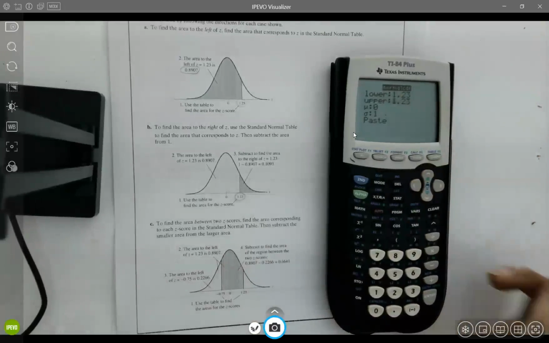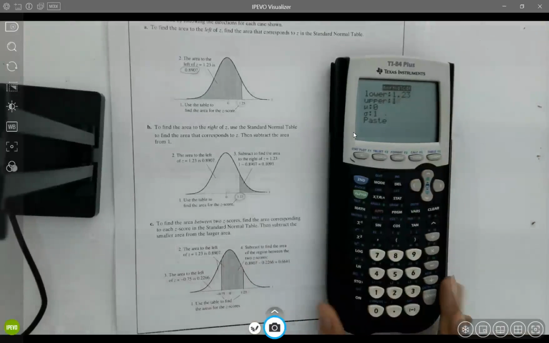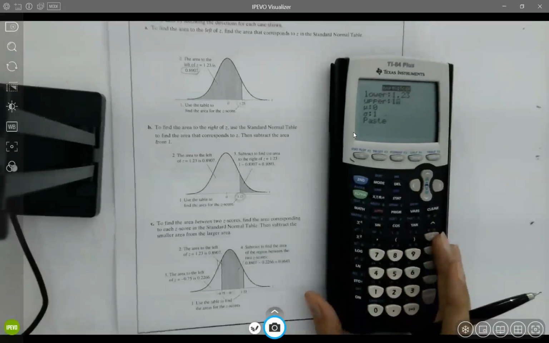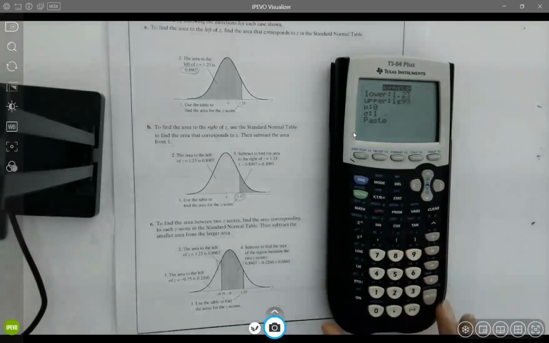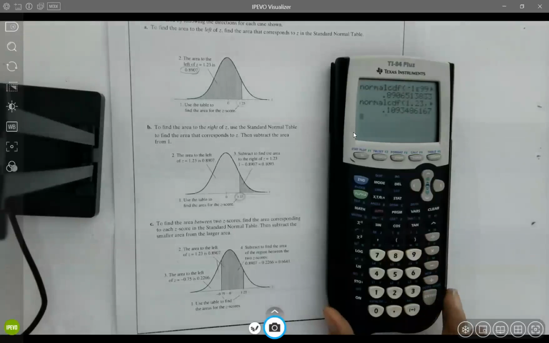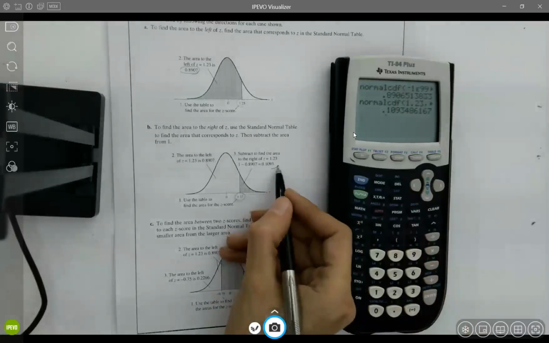It's a positive number, which is 1 second EE 99. Enter. You get the area, which is equal to 0.1093.